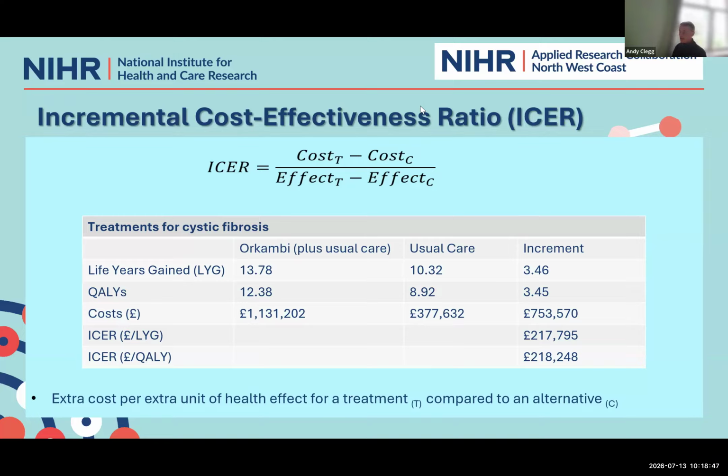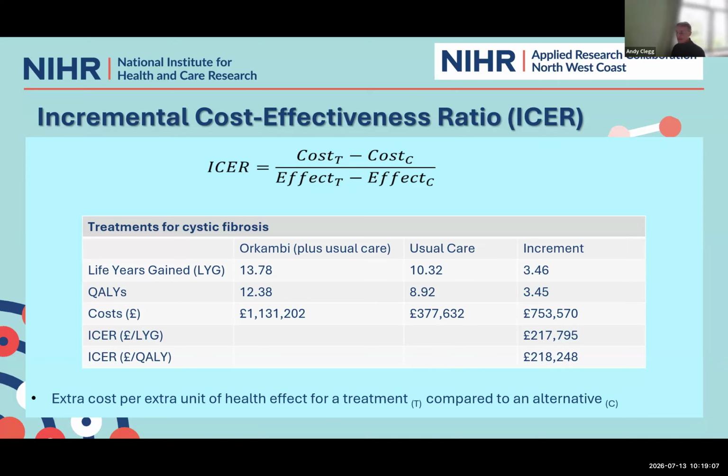So you can see in this instance, both in terms of life years gained and QALYs, this is a treatment for cystic fibrosis, which has always proved a difficult condition to find interventions to treat. But Orkambi was one of those new drug treatments, and there have been other ones subsequently.